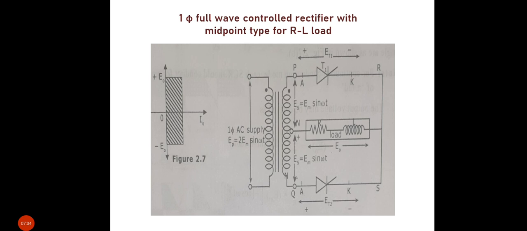Each SCR is subjected to a reverse voltage of 2 Em under the reverse bias condition. It is obvious from the waveform that compared to the half wave converter, it has reduced ripple. This circuit's associated waveforms for different firing angles are shown like this.